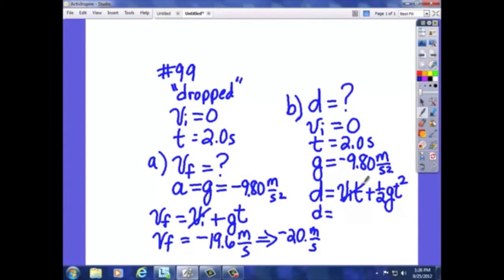And then I'm going to realize the time is 2 seconds, and I'm going to square it. And that is going to give me a displacement downward, and it comes out negative, of negative 19.6 meters downward. Looking at my significant figures, I see two significant figures, and so I report this as d is equal to negative 20. meters downward.